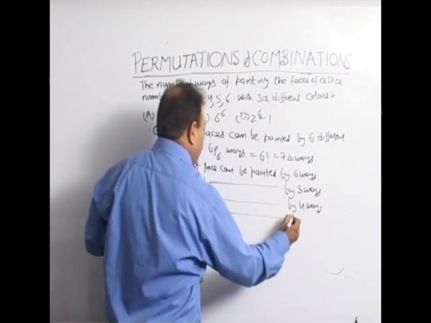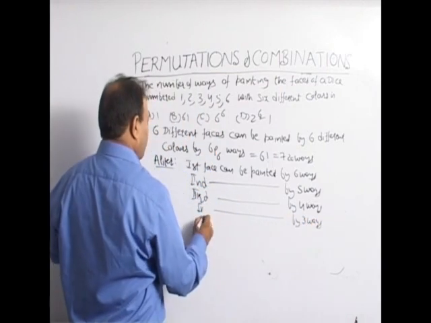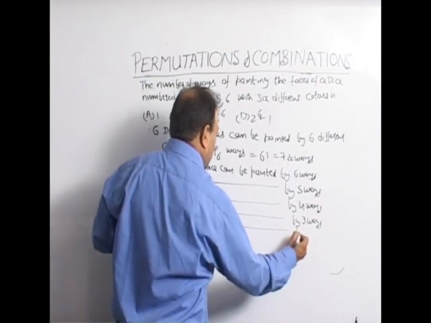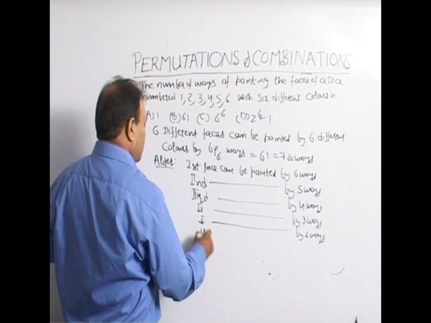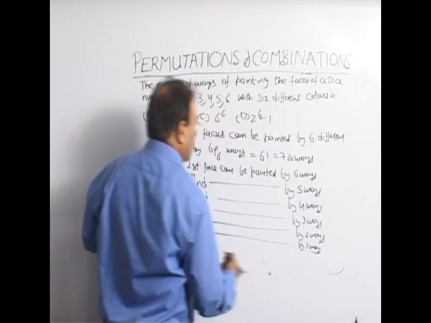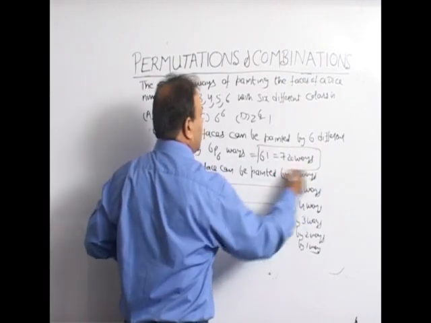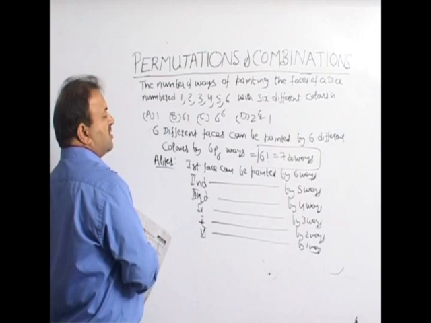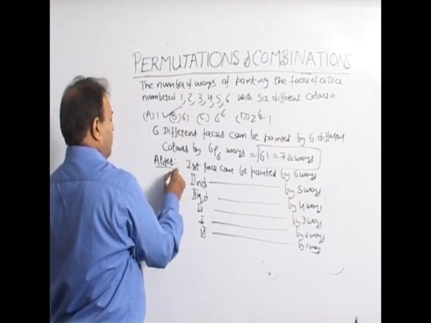The fourth face in 3 ways. The fifth face in 2 ways. And the sixth face in 1 way. So the required number of ways of painting the 6 faces is 720 ways. So the right answer is option B.